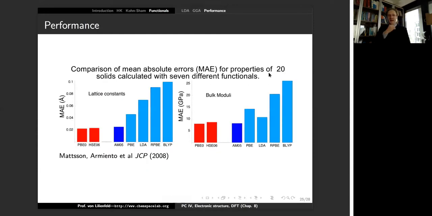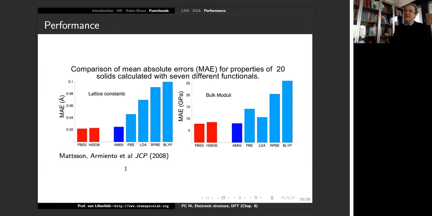Here is an overview in terms of predictive power for various solids. In particular, 20 solids were studied in this paper. This is the Journal of Chemical Physics in 2008. What you see here are now the functionals. Some of those acronyms, hopefully you remember now. This is the LDA functional, the PBE functional, right? So this is the first rung, second rung. The BLYP is also a second rung, a GGA, but it performs even worse than LDA for these solids, right?